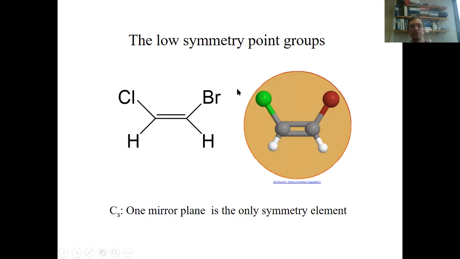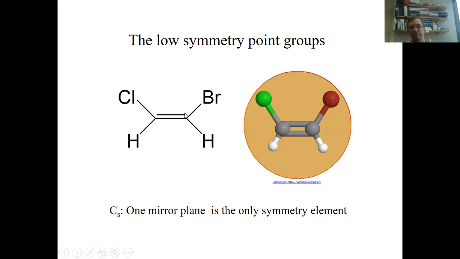An example for this is this ethene derived molecule here, in which from the regular ethene, 2 hydrogens are substituted by a chloro and a bromo group, respectively. This molecule has a mirror plane, which is in the plane of the molecule, but no other symmetry element but the identity.